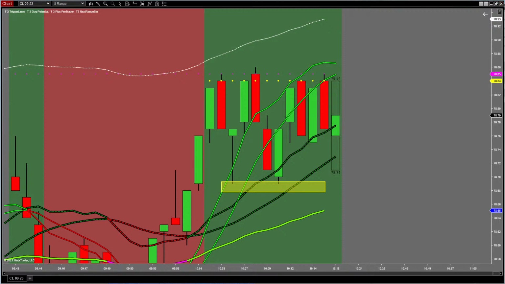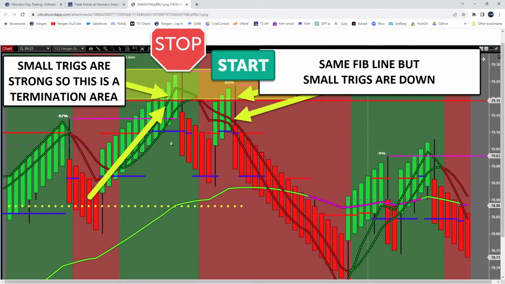Can I go back to what we were talking about first thing this morning? There's a difference between termination area. Here, watch. I'm going to put this picture back in because I think it's really worth talking about.